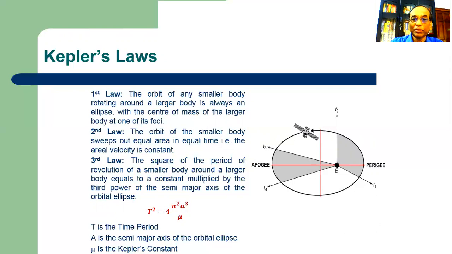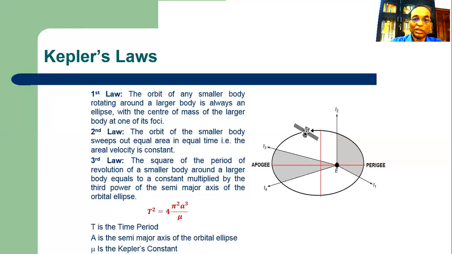If we draw a radius vector, this radius vector sweeps out some area on the apogee side and on the perigee side also. So angle-wise it will be different, but area-wise it will be the same. That is the areal velocity per unit time. The area swept out is constant.